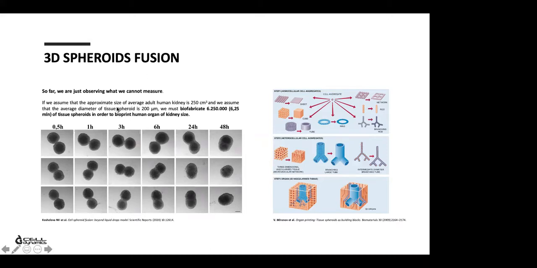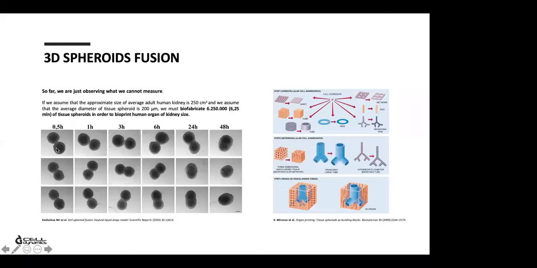if we assume that the approximate volume of an average adult human kidney is 250 cubic centimeters, and we assume that the diameter of a tissue spheroid is 200 microns, we must fabricate 6.25 million tissue spheroids. And we need them to fuse together.